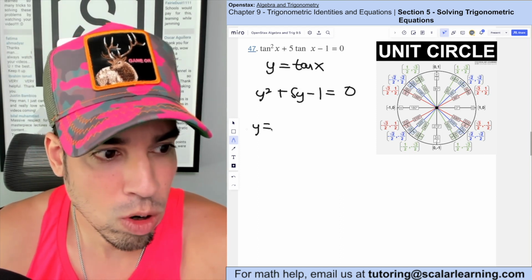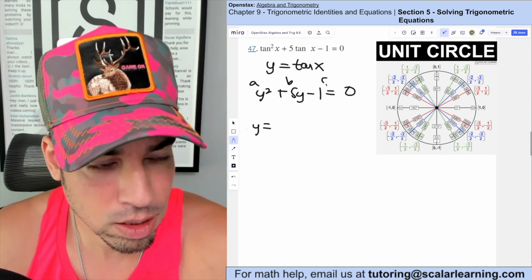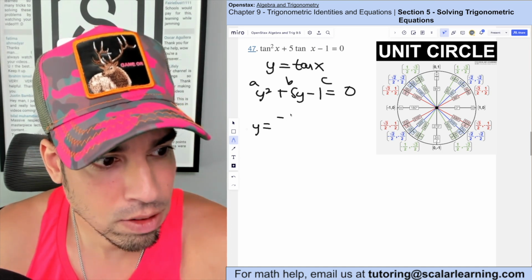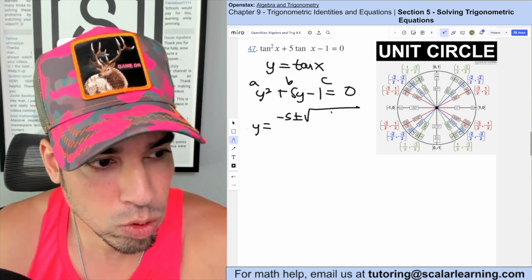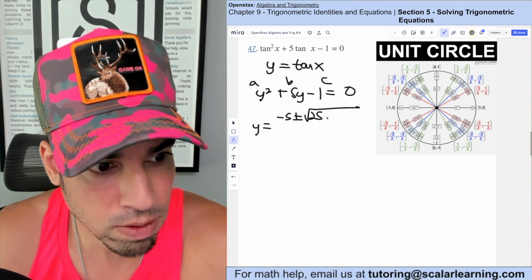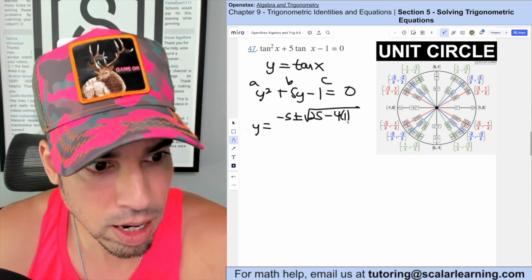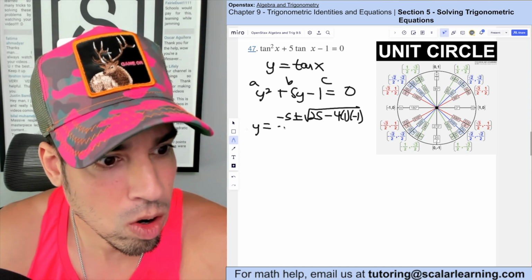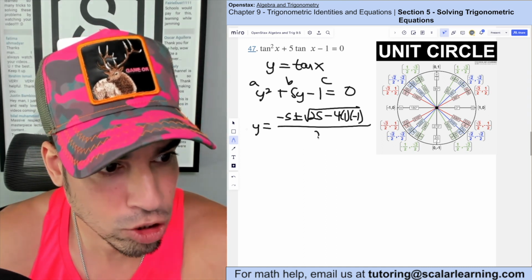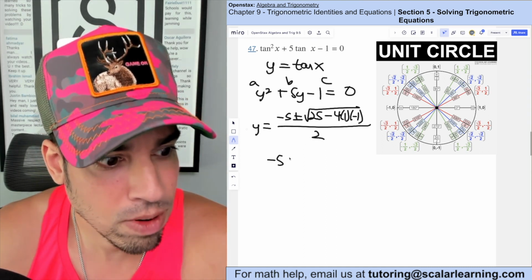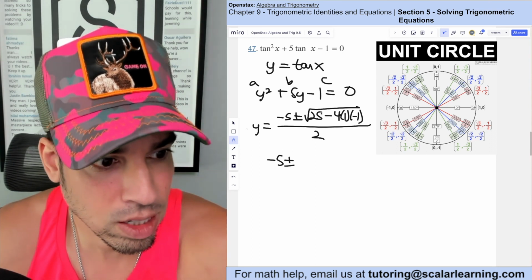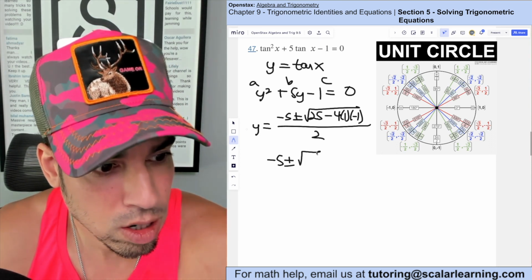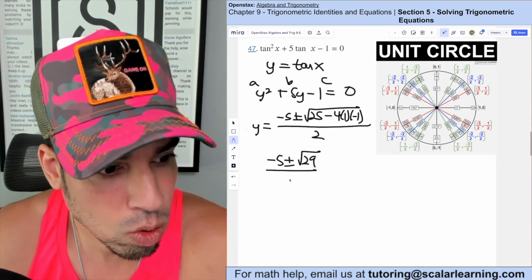And then I'm going to use the quadratic formula with a, b, and c here, which is -b plus or minus the square root of b squared, which is 25, minus 4 times a times c, all over 2a, which is just 2. So this becomes -5 plus or minus, and then the negatives cancel out. 25 plus 4 is 29 over 2.